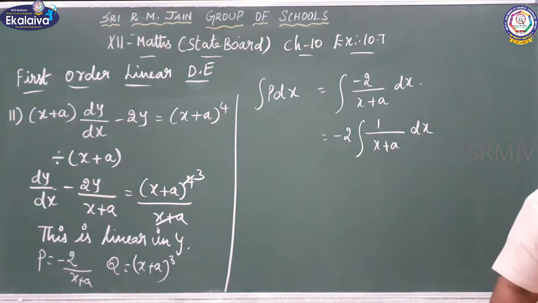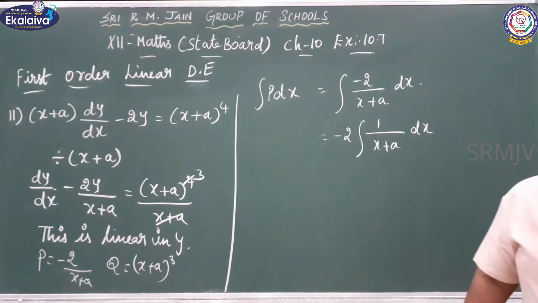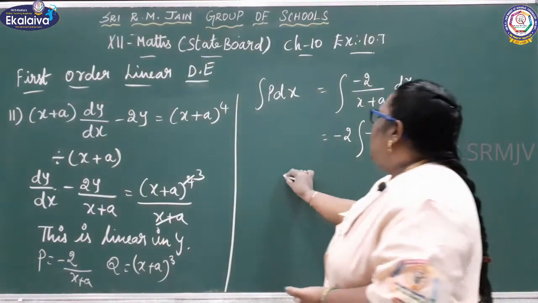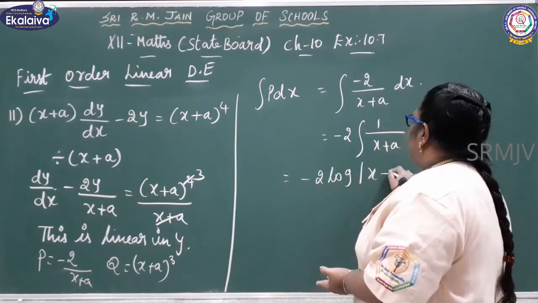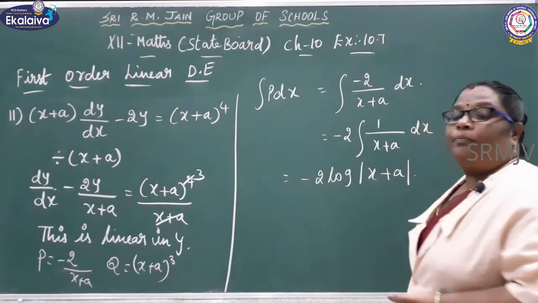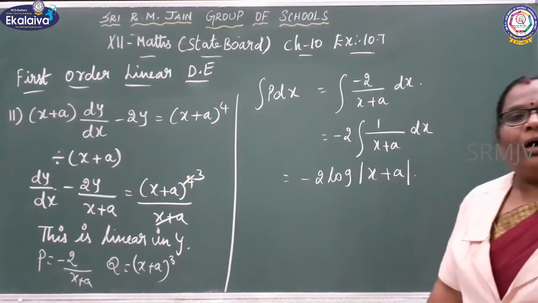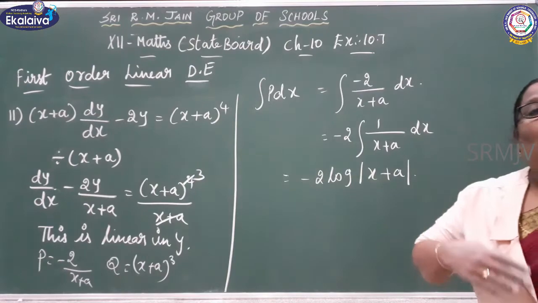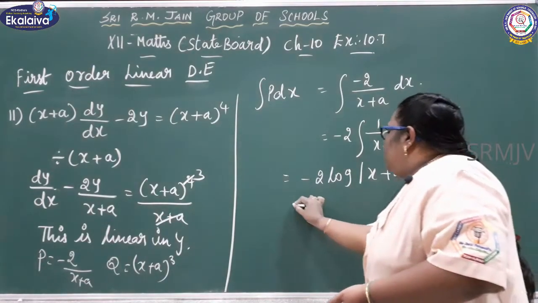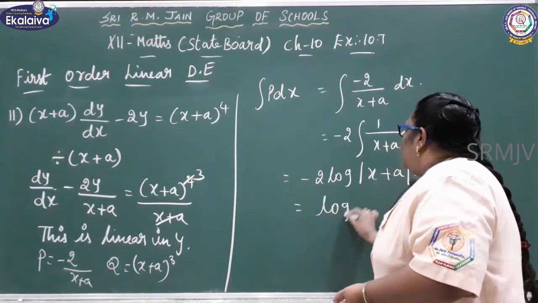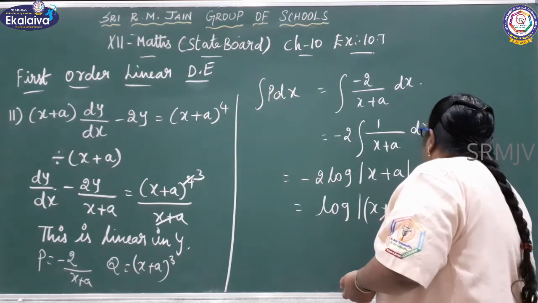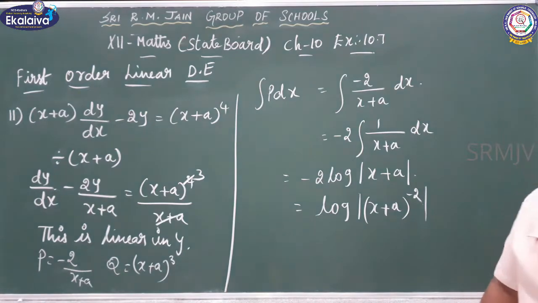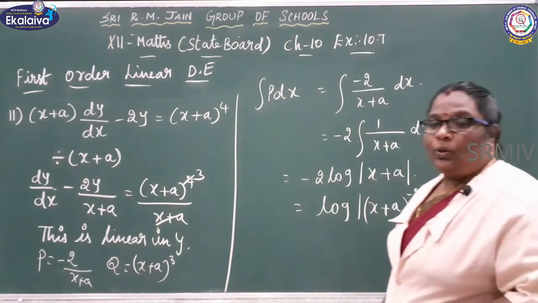The integration of 1 by (x plus a) is log of modulus of (x plus a), since the differentiation of x is 1 and of a is 0. So you will write minus 2 into log of modulus of (x plus a). According to the power rule, bring that minus 2 to the power: log modulus of (x plus a) whole power minus 2.